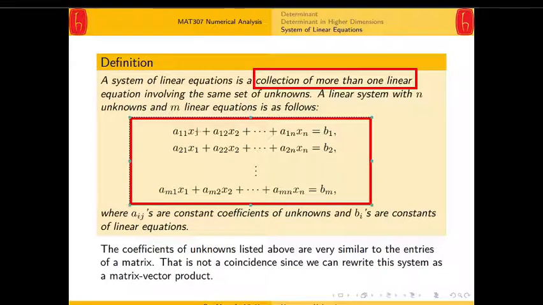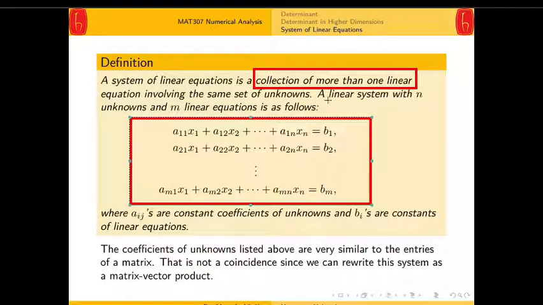We have 1, 2, all the way up to m, so we have m equations solving at the same time. This is more than one linear equation involving the same set of unknowns, so x1, x2, up to xn are all the unknowns of each linear equation.